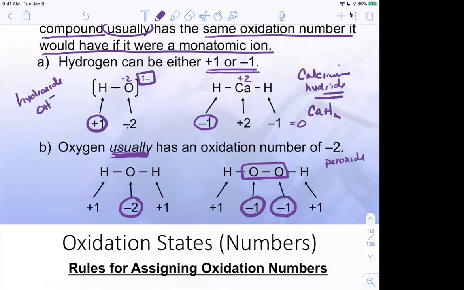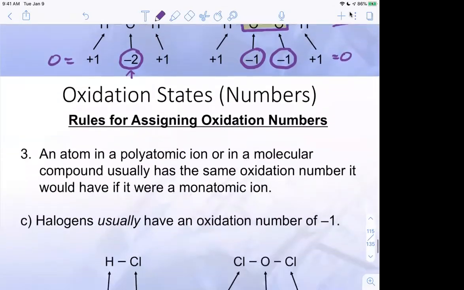Only when my oxygen is forming a peroxide does my oxygen have a -1 oxidation number. Again, these are neutral molecules, so the oxidation states have to sum up to 0, and they do. But remember, peroxides. This oxygen-oxygen bond is what you're looking for when you have a peroxide. Otherwise, it's always -2 for oxygen.